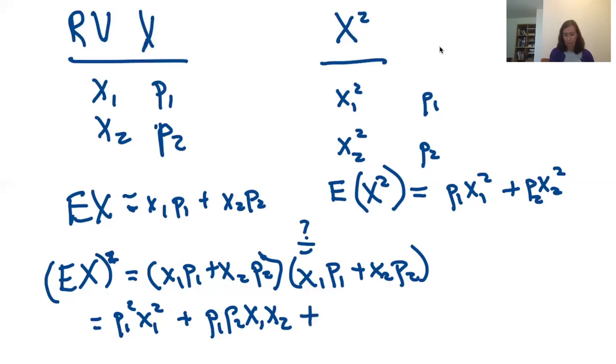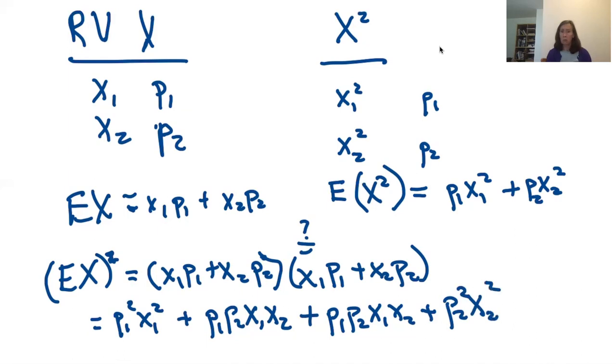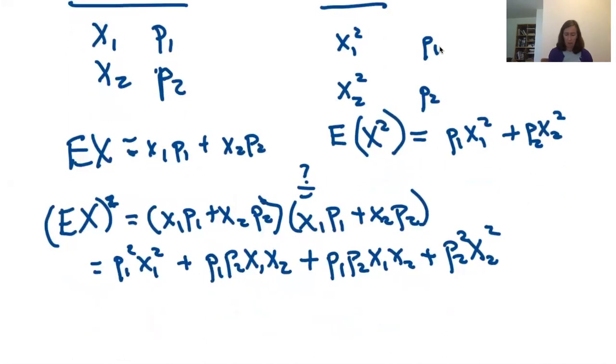Multiplying this guy times that guy gives me another p1 p2 x1 x2. And multiplying the two last terms together, I get p2 squared x2 squared. Okay, well, that's not super pretty. Maybe we combine those two middle terms.